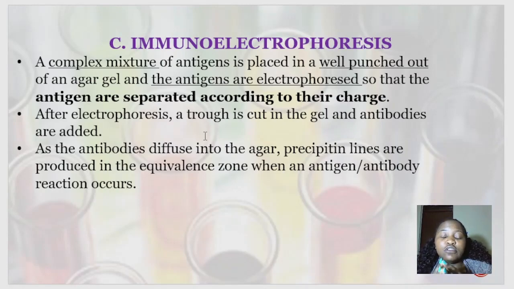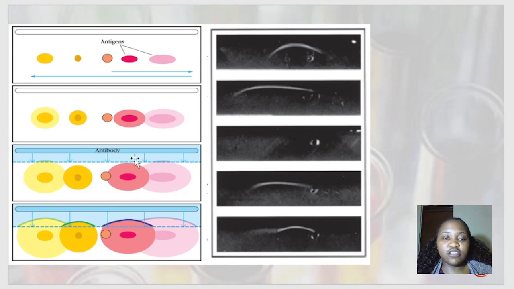In this case also, the antibody mixture contains a lot of antibodies that can target different things within your serum. As the antibodies diffuse into the agar, then we have precipitin rings being formed. Of course, when we reach equivalence zone, once we have the antigen antibody reaction.